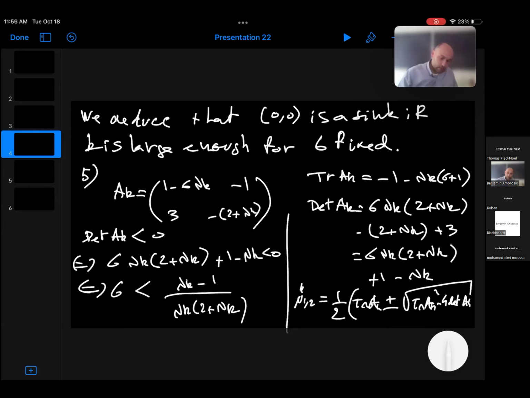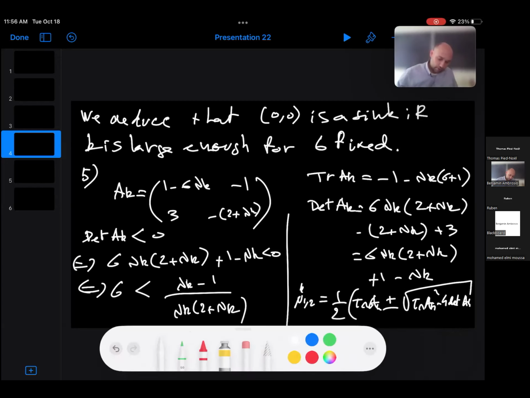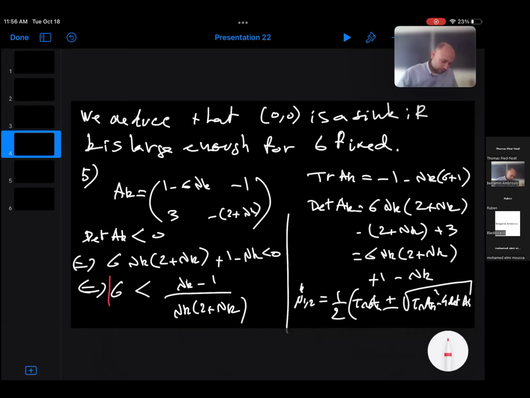Okay, so this is positive. So forget about k equals 0. Okay, k equals 0 is just the system without diffusion. So now if k is more than 1, the right hand side of the inequality is a positive number, and so when sigma becomes less than this one, the sink becomes a saddle point.